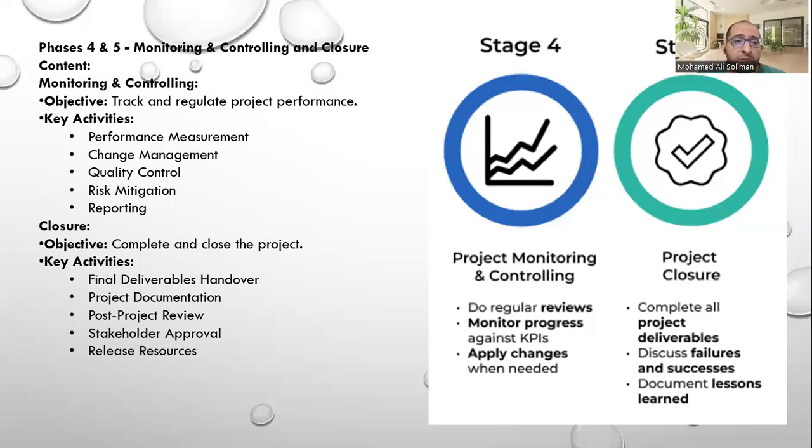Another important aspect is change management. What if we are deviating in our deliverable, then what should we do? So we have change management: how we initiate change requests and how we implement change requests, which is in the monitoring and control phase.